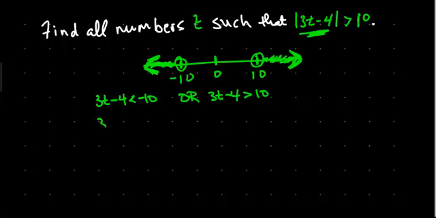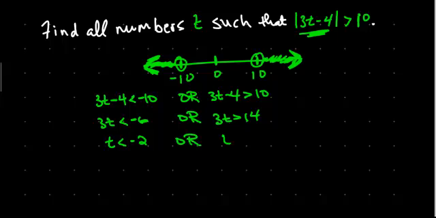Okay, so let's add 4 to both sides. We get 3t is less than, when I add 4 I get -6, or 3t is bigger than 14. So divide by 3 and we'll get t is less than -2, or t is bigger than 14/3.